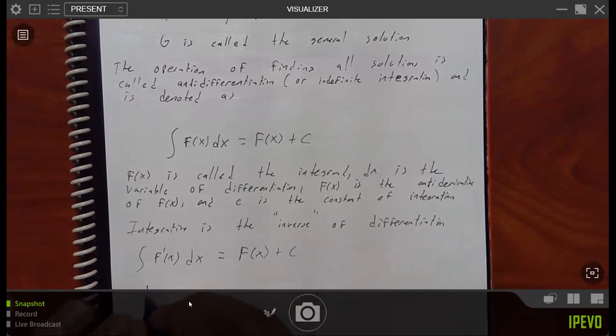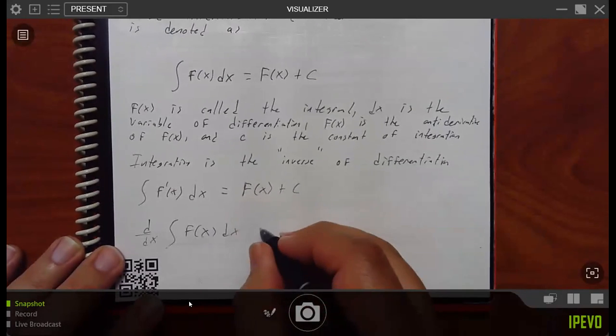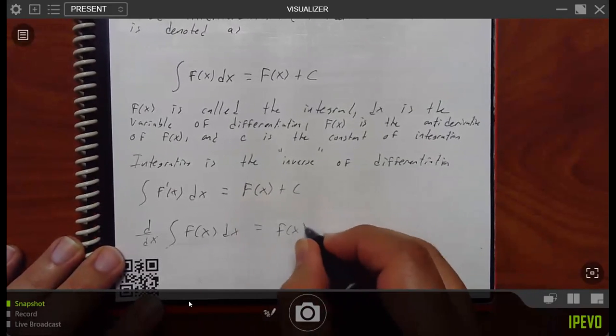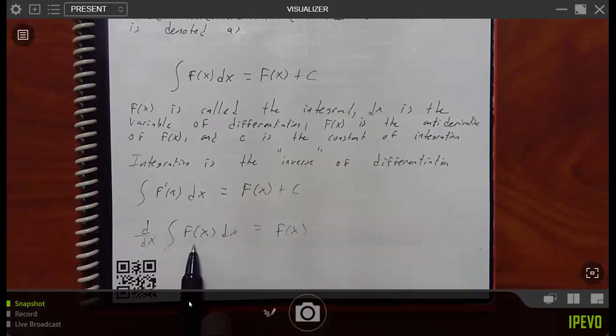Now, if you have the derivative of an integral with respect to that same variable, you would just end up with a function. They would basically cancel themselves out, leaving the original integrand here. Okay.